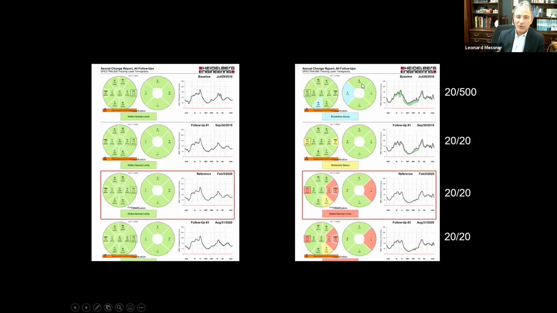So in serial, if we look at the nerve fiber layer measurements over time, as I alluded to earlier, there is something of a paradoxical response, where early on when the vision is bad, the nerve fiber layer actually looks pretty good. But then over time, as the vision is improving, we see progressive thinning of the nerve fiber layer, and this usually plateaus or stops at about 6 months.